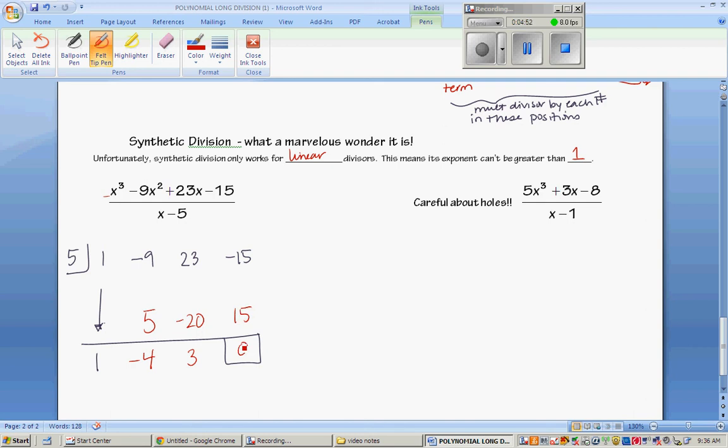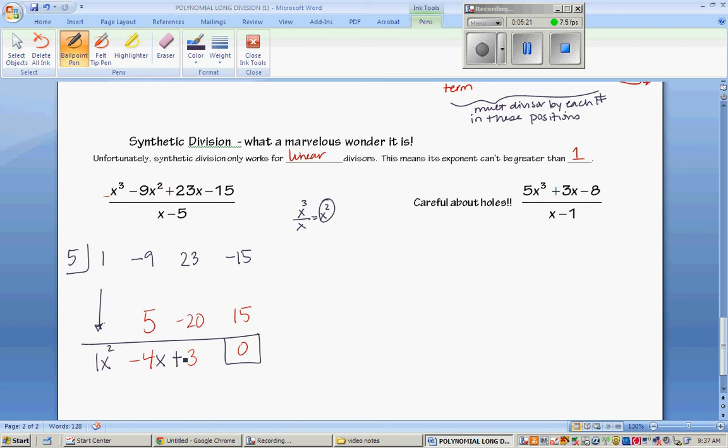Now you might be wondering, what are we going to do with this 1, -4, and 3? That's simple. We started with an x cubed, and we divided by an x, so we are going to start with an x squared and just cruise our way down. So this 1 is 1x squared minus 4x, and if there is no sign, you put in a plus sign. So the answer is x squared minus 4x plus 3.